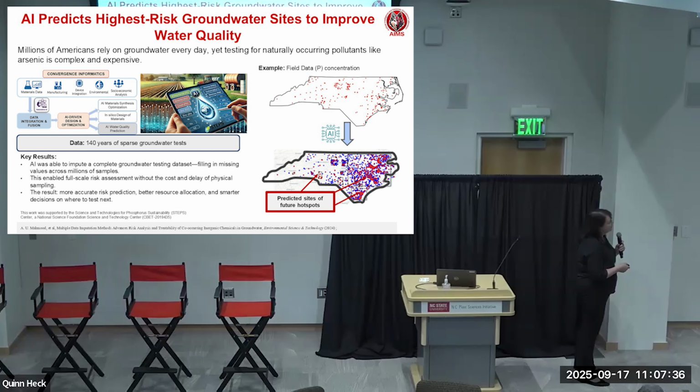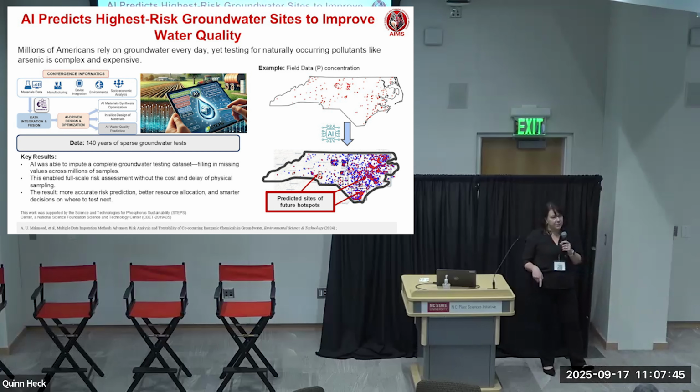So if the data point was tested for anything, we were able to impute it and give a full composition of all of the chemicals there, if it was tested. If it's not tested, nothing we can do, right? I can make a prediction based on all kinds of other sources, but not the groundwater testing.